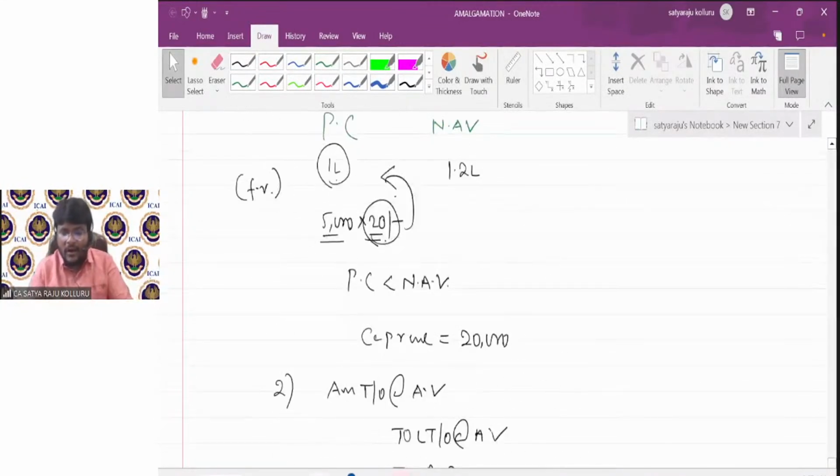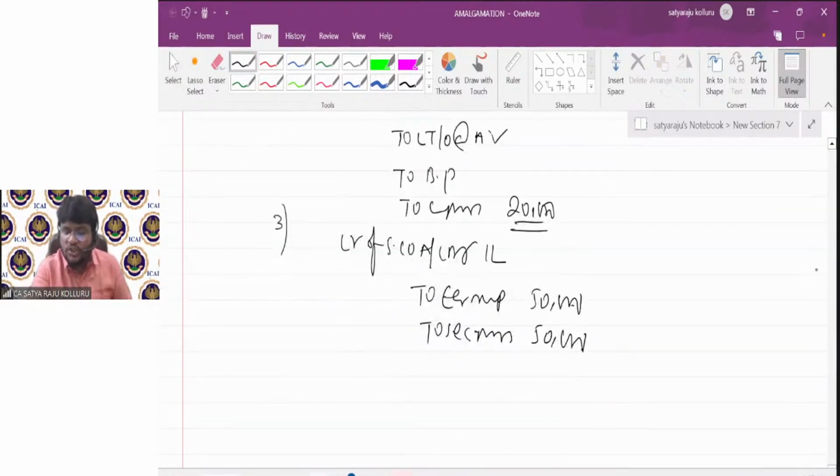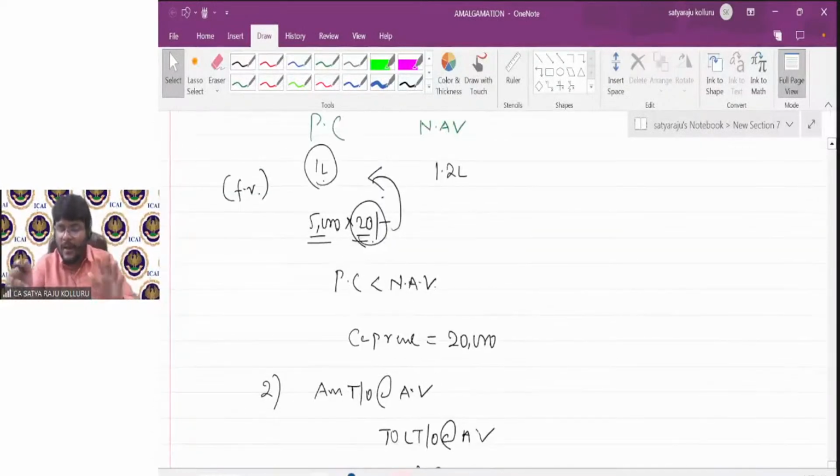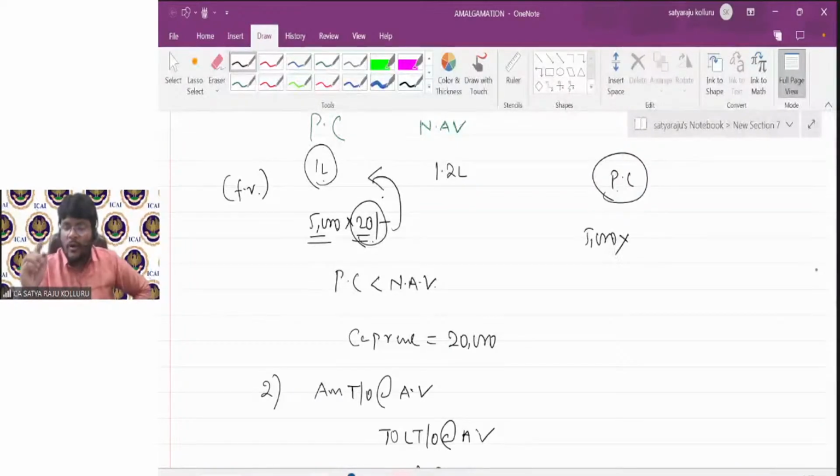Now you are recording the PC at which price, guys? You are recording the PC at issue price. Now, if I want to record the same PC at par value, what will happen? I will check again. Purchase consideration is 5,000 shares into par value, therefore purchase consideration is equal to 50,000.